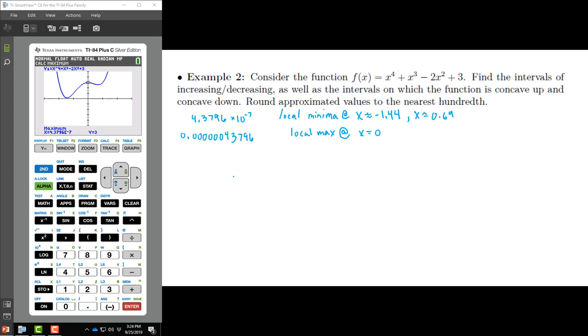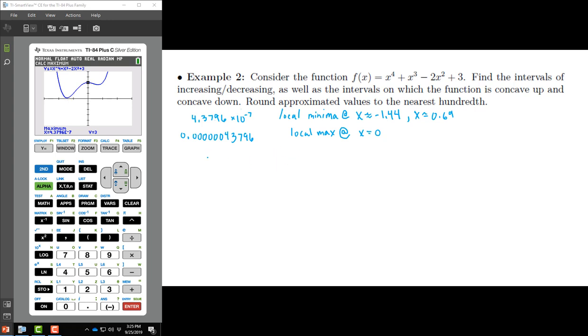With the understanding that we're switching from increasing to decreasing at local maxes and from decreasing to increasing at local minima, these are the points that are really important. If we go over to our graph here, from an x value of negative infinity up to our first local minimum, we are decreasing.